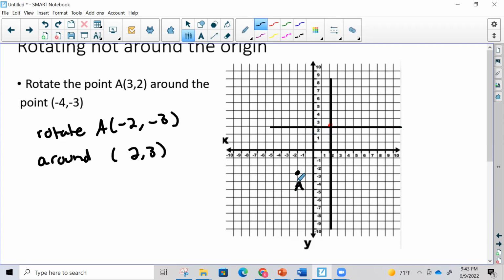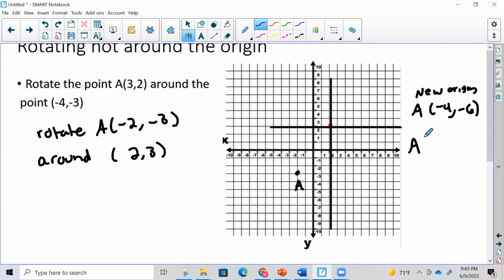I'm going to find A, pretending that this is my origin. So this would be 1, 2, 3, 4 to the left. So my A for this new origin is -4, and then it's down 1, 2, 3, 4, 5, 6, so -6.